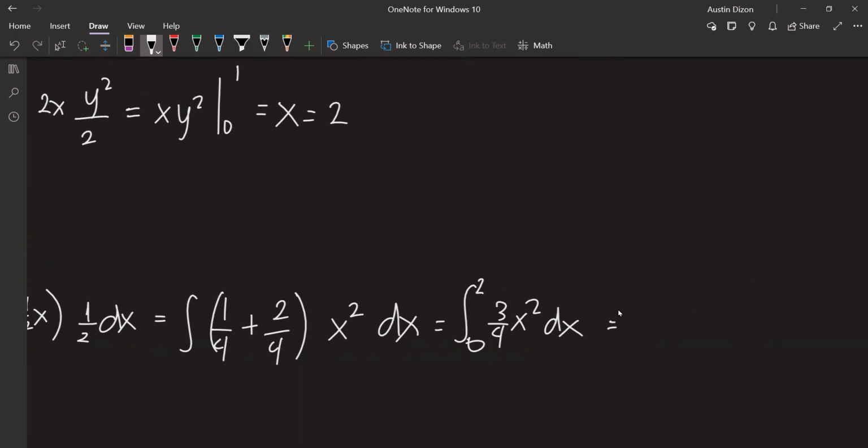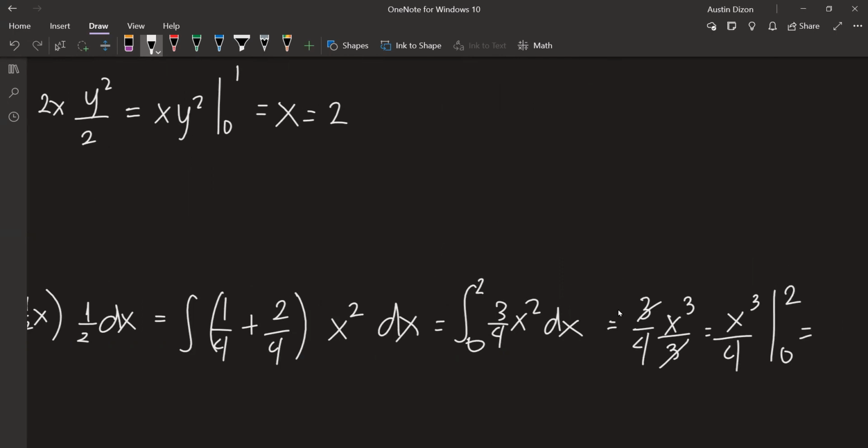Paano ba evaluate? Integrate natin ang x squared so that magiging sagot natin will be 3/4 times x cubed over 3. Tama. Cancel 3. And then we have x cubed over 4. That is to be evaluated at 0 to 2.